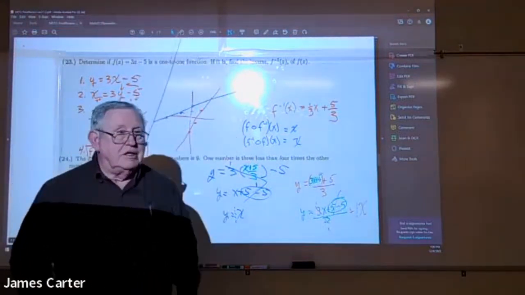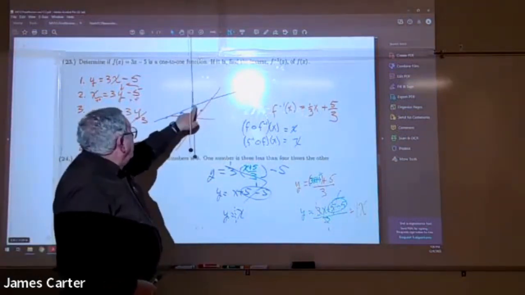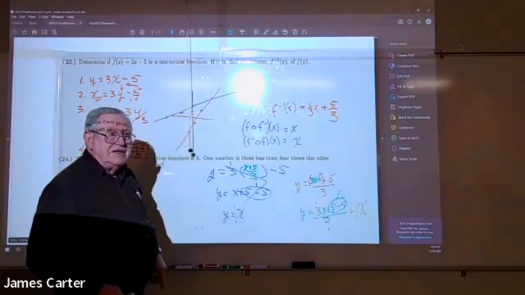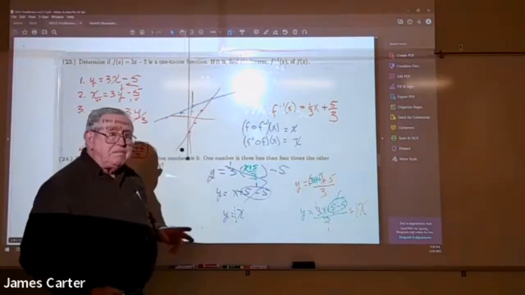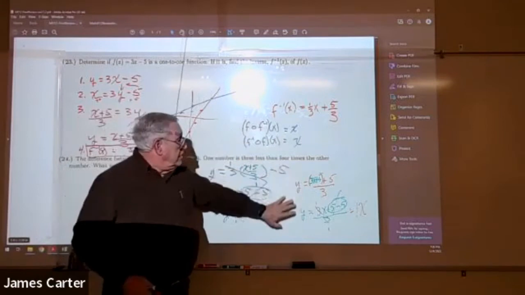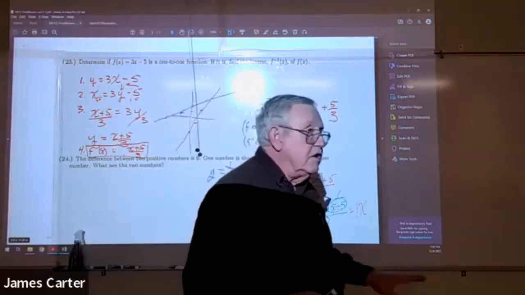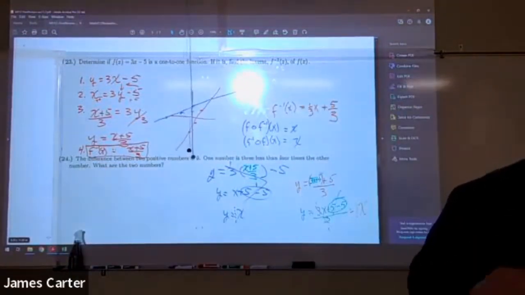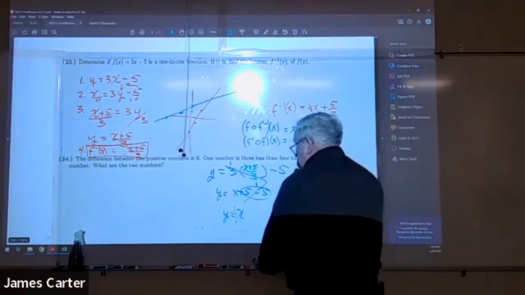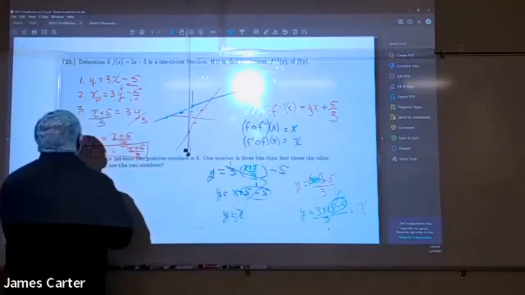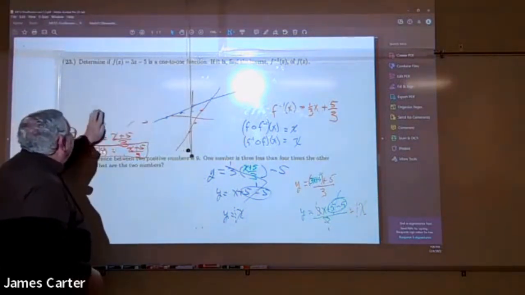So that's one way of doing it. If you graphed them and demonstrated by points that they were opposites and that they reflected, I would accept that. Or if you did this, I would accept that. Because all three of those are valid proofs that those are 1-to-1 equations. Okay? Now, you do whichever one is easiest. But remember, all linear equations are 1-to-1.